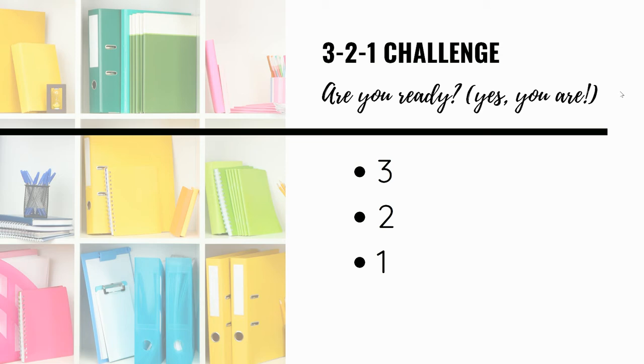We're going to be talking about 3 steps that we are going to be taking in the next month, or maybe it's the next quarter or the next semester. Jotting down those 3. The next thing we'll look at is the 2 steps that we're going to be taking much sooner. Maybe this is next week. And then we're also going to be identifying the 1 step that we can take right away.